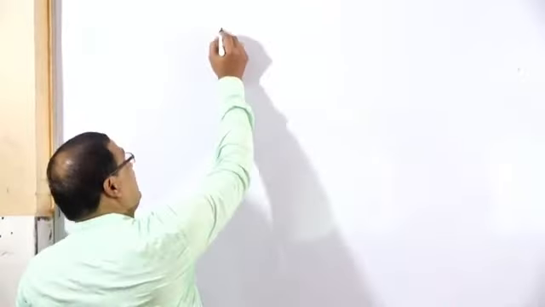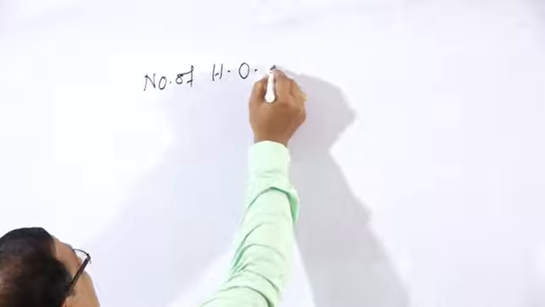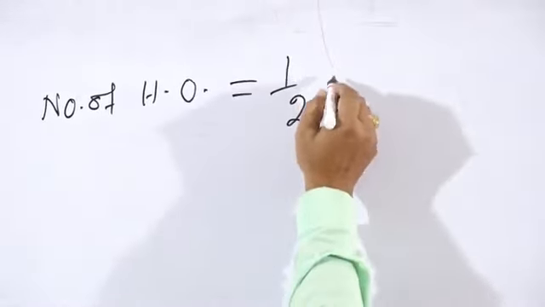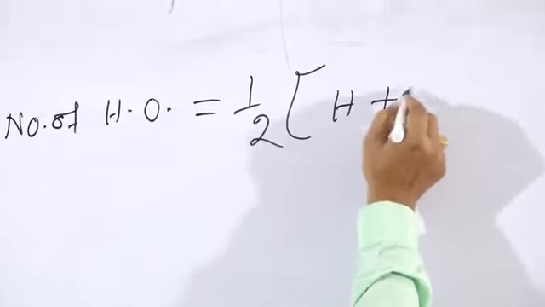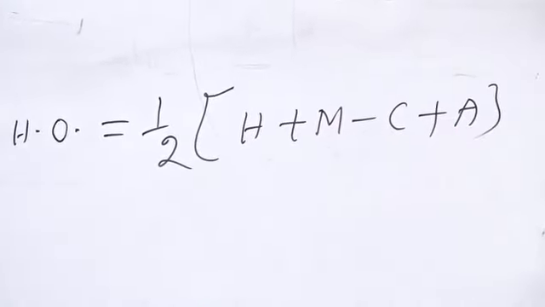I am giving one important formula to determine the number of hybrid orbitals and therefore the nature of hybridization. Number of hybrid orbitals is equal to half of H plus M minus C plus A. What is that H?